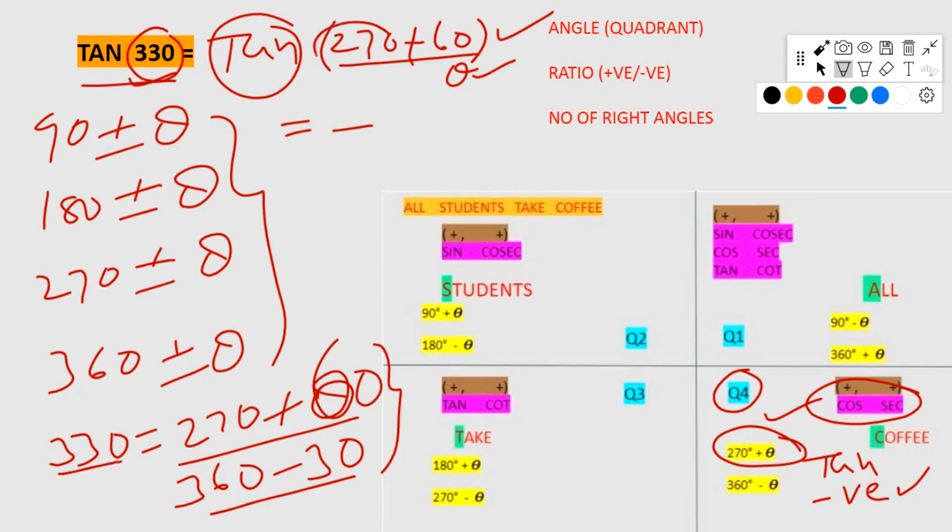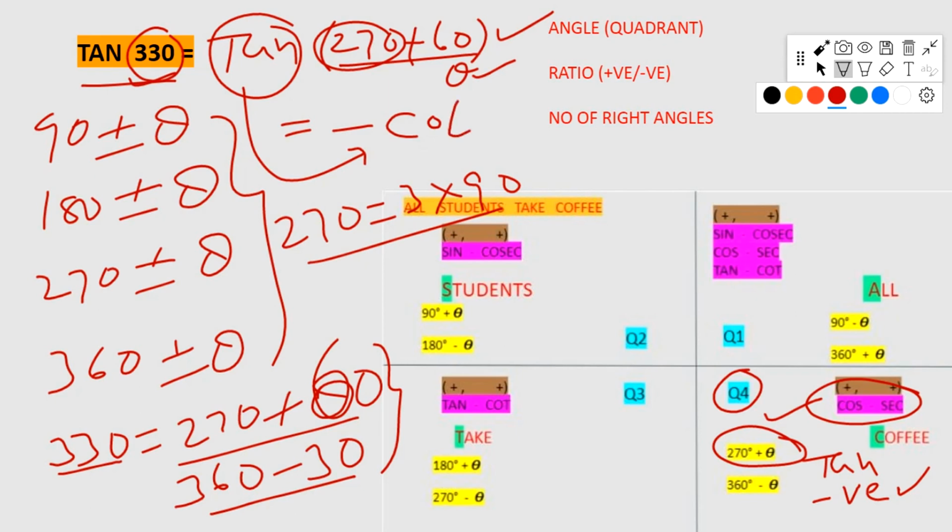Next, in the angle 270, there are 3 right angles. So an odd number of right angles. Whenever the angle has an odd number of right angles, the ratio must be changed. Tan changes to cot.